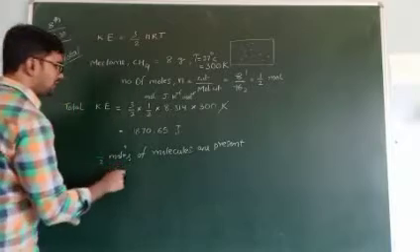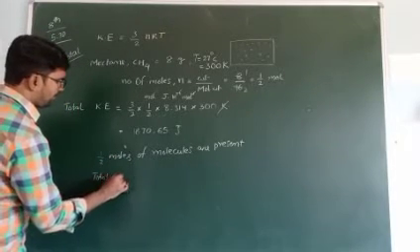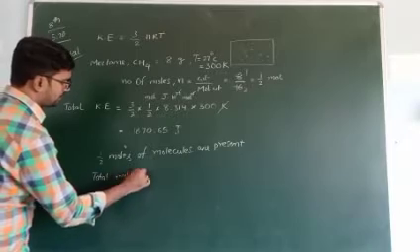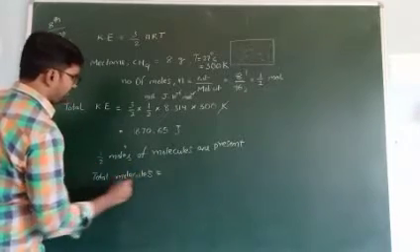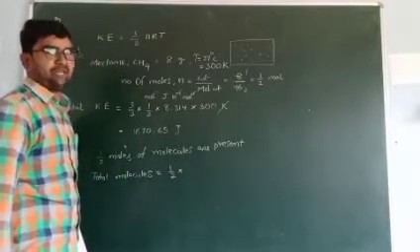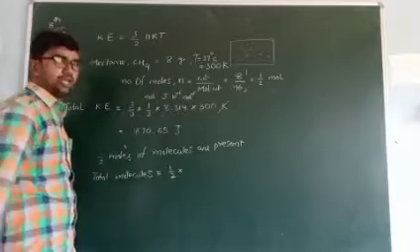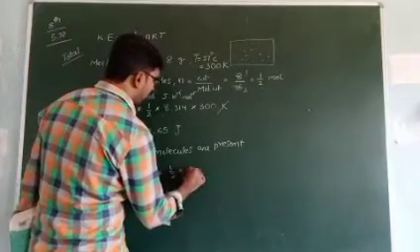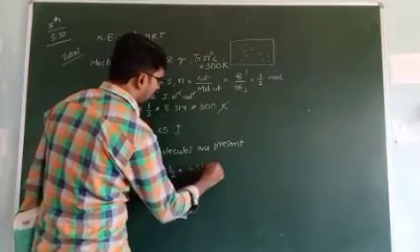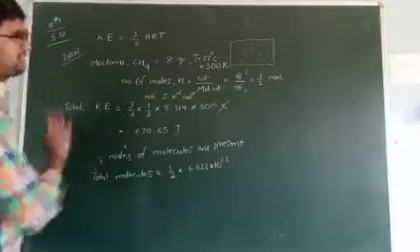So 1 by 2 moles means total molecules equal to 1 by 2 multiplied with the Avogadro number. Then it gives the total molecules, 6.023 into 10 to the power of 23. This number of molecules are present.